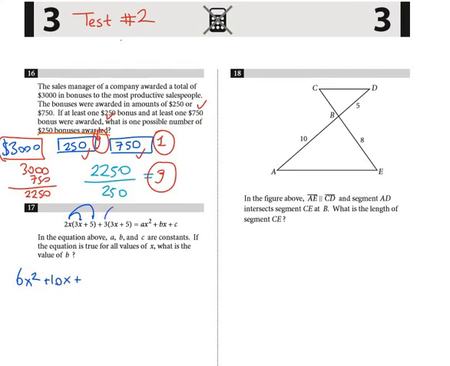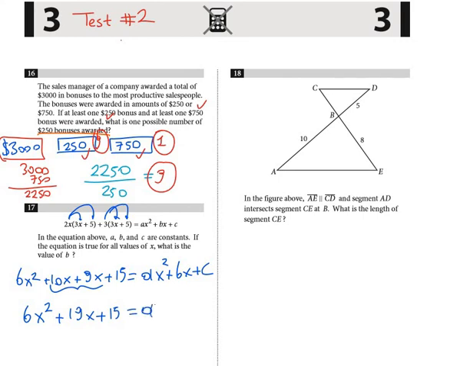Plus we have 3 times 3x is 9x, and 3 times 5 is 15, equals the expression on the right. Let's combine the like terms here. We have 6x squared plus 19x plus 15 is equal to ax squared plus bx plus c.